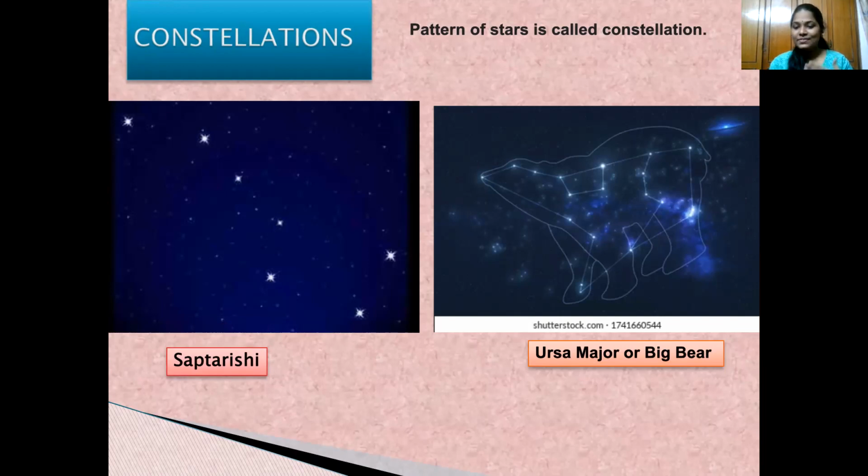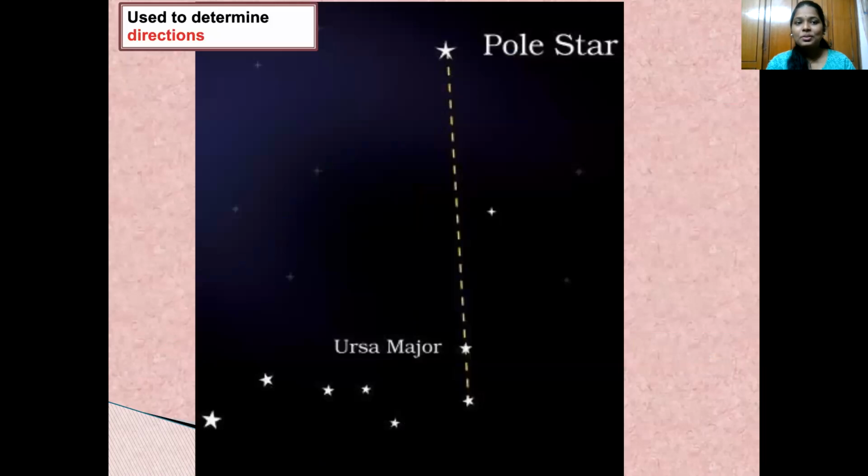Like we have seen the Big Bear or Ursa Major, and also we have Saptarishi, which is a 7-star pattern. What the ancient people used to do, or even now during the night time, if we are not able to identify the direction, we can use the star patterns. If we identify Saptarishi, we will be able to find the direction.